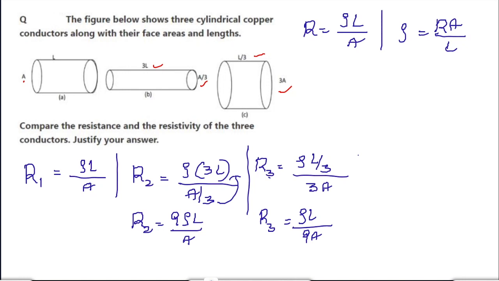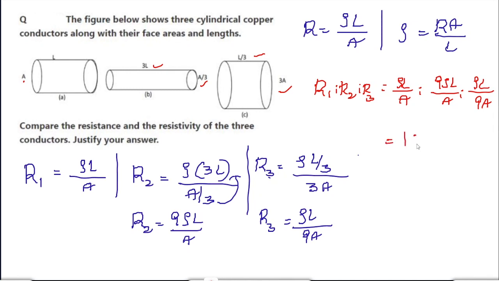Got it? And if I compare all these three, R1 is to R2 is to R3 becomes rho L by A is to 9 rho L by A is to rho L by 9A. If I cancel rho L by A, it becomes 1 is to 9 is to 1 by 9.